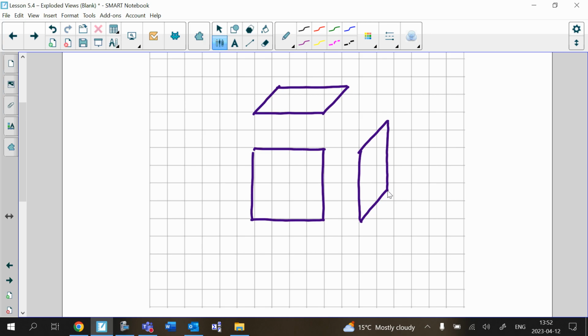Like if one side was 1 apart and the other side more than 1 apart? When you put it together, it's not going to make a difference. It's still going to be the exact same shape when you put it together, no matter how far apart they are in exploded view.